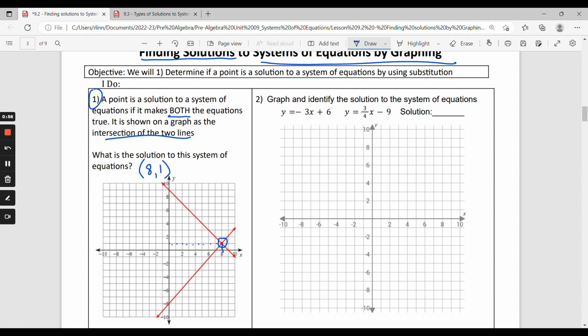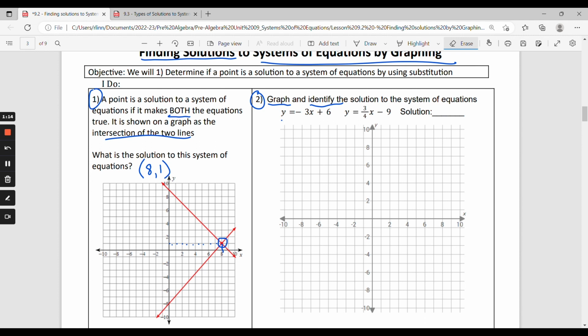Now, on problem 2, we are given our two equations, but we are not given the equations on a graph. We don't have the lines. So what we are being asked to do is to graph and identify the solution to the system of equations. So we need to do both of those.